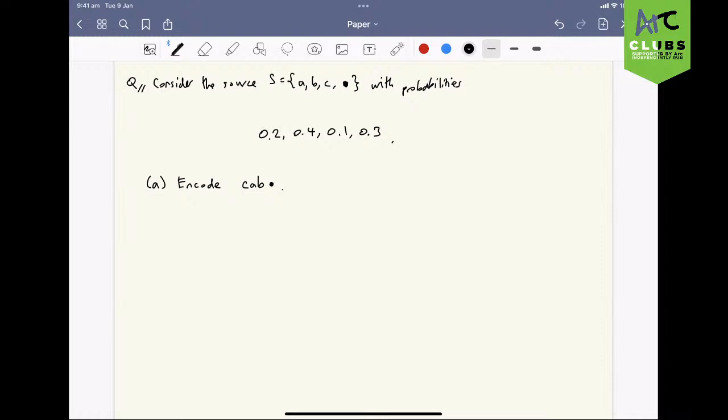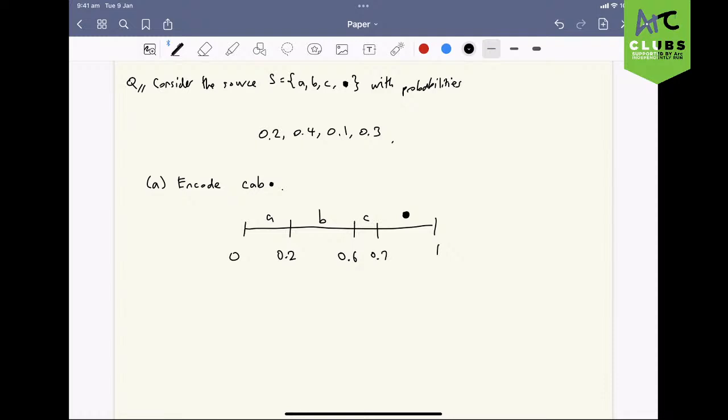So the first step in arithmetic coding, you draw a segment from 0 to 1 like this, and divide it into sections according to these probabilities. So the first 0.2 of this interval is going to correspond to A. The next 0.4 of this interval, so 0.2 to 0.6, that's going to be B. The next 0.1, so 0.6 to 0.7, it's going to be C. And the remaining 0.3 of this interval, that's going to be stop.